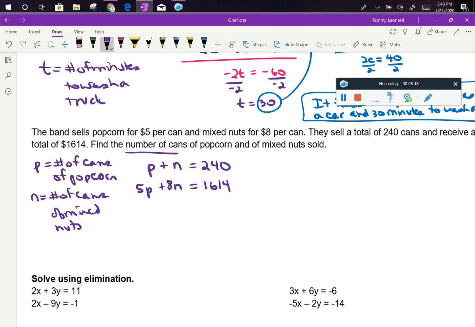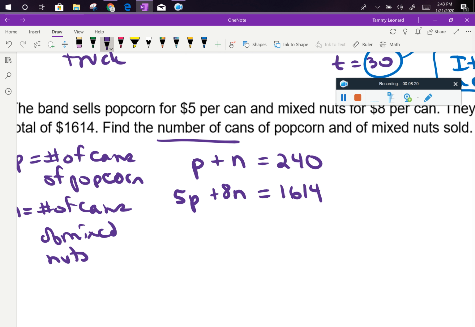We have to create an opposite match if we want to solve using elimination. So personally, I would just pick the variable with the smaller number. So in this case, P has a coefficient of 5, and we're going to multiply that top equation by negative 5, because remember, I'm not just going for a match, I'm going for an opposite match, so I need to use the opposite sign.